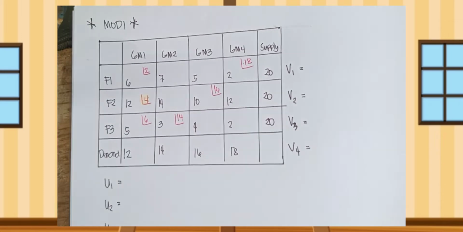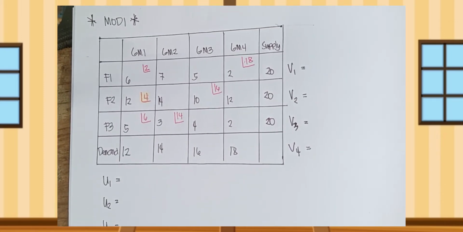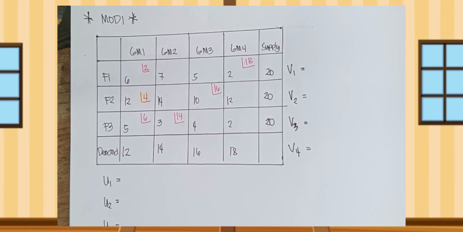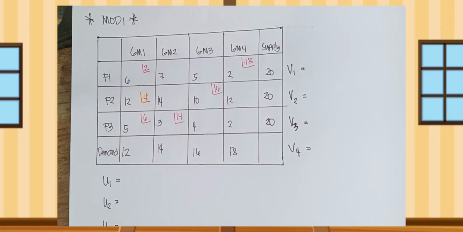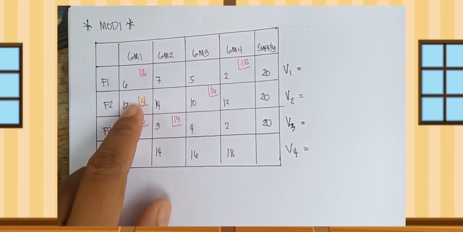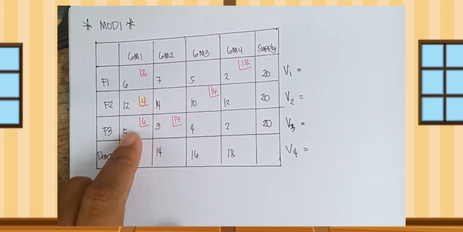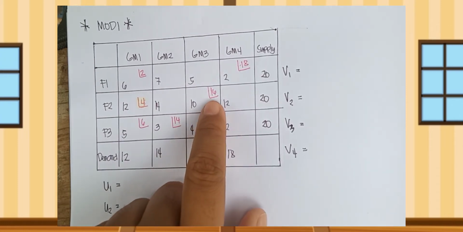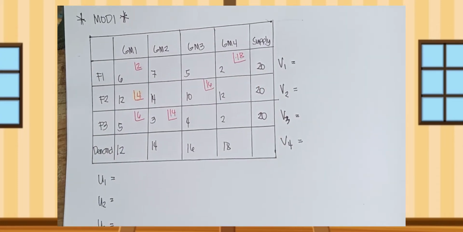So we have to solve the MODI. In MODI, we will use the table that we have in VOGEL'S, or the result in VOGEL'S approximation model, or VAM. So we have 6, 2, 12, 4, 5, 6, 3 and 14, 10 and 16, and 2 and 18.